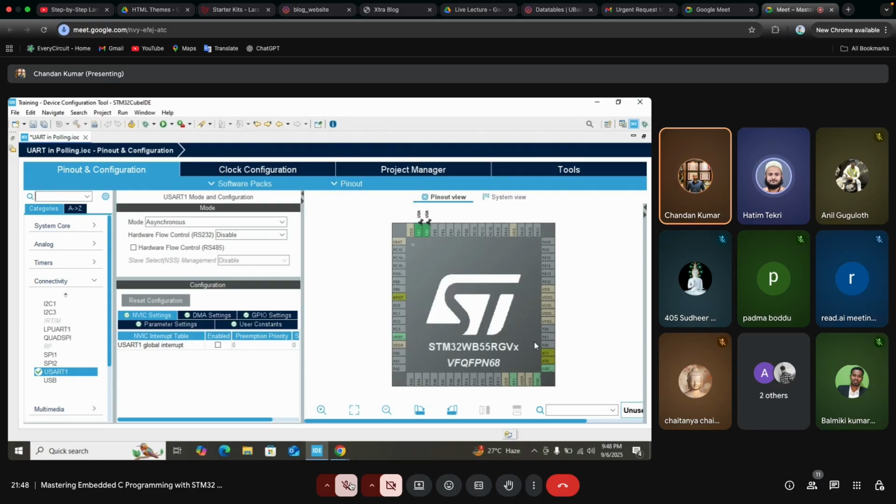Okay, sorry. So we have configured PB6 and 7 as UART RX and TX.